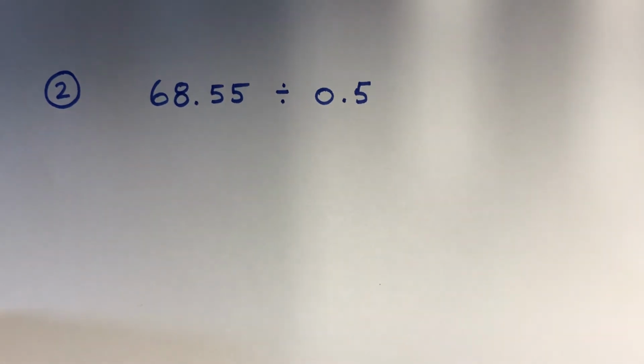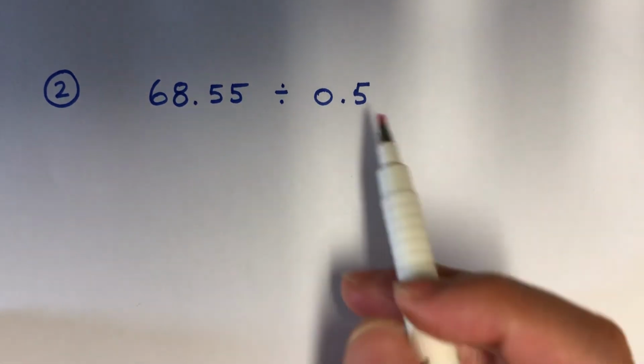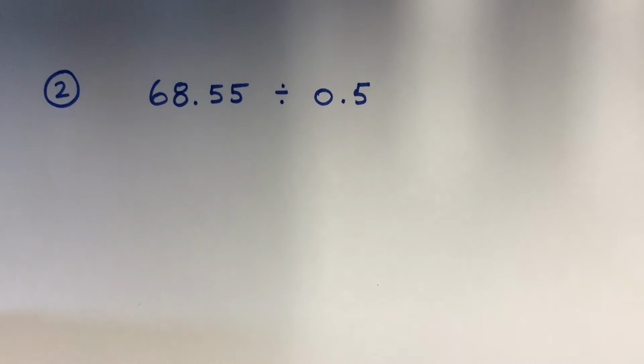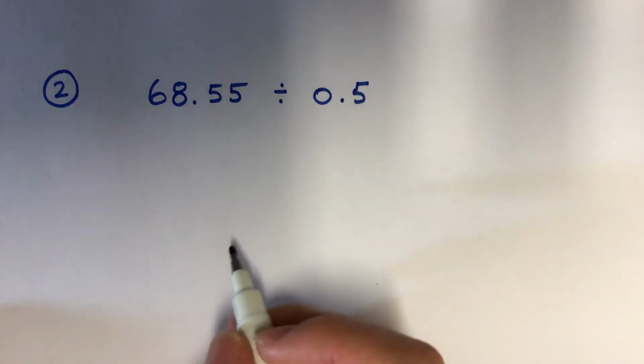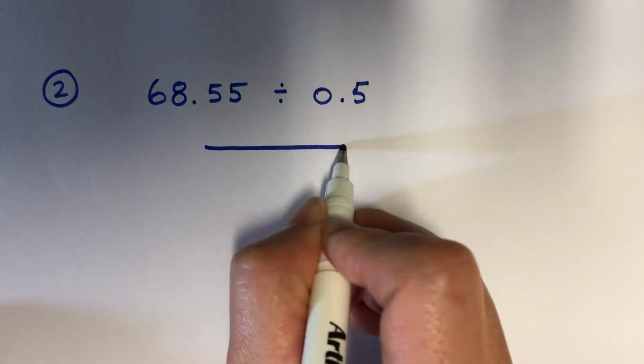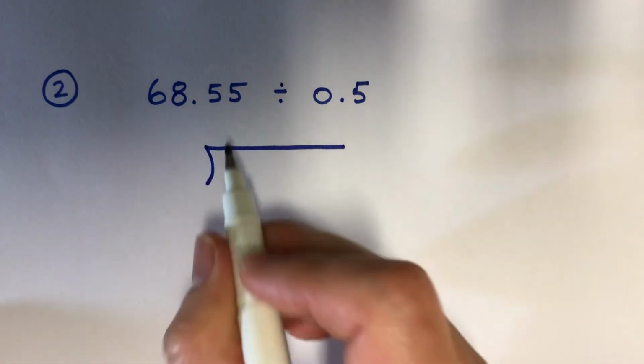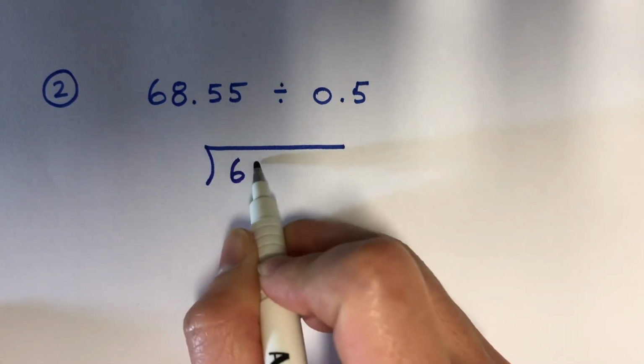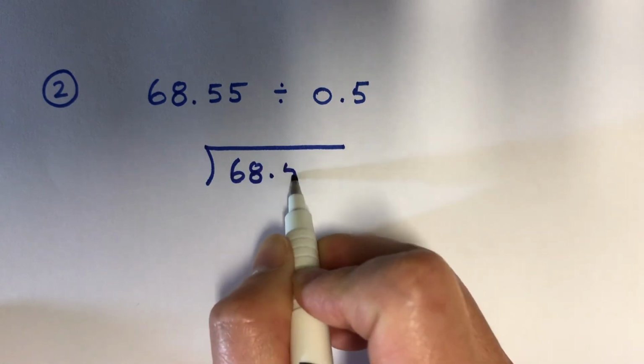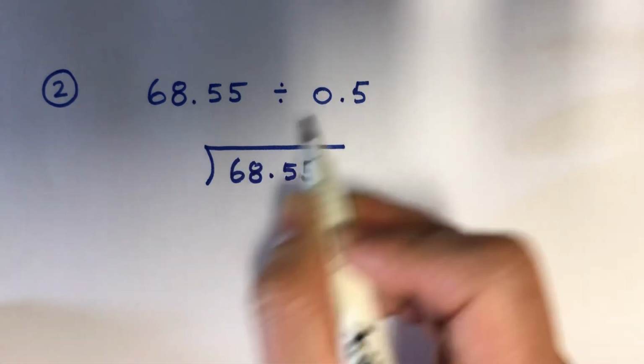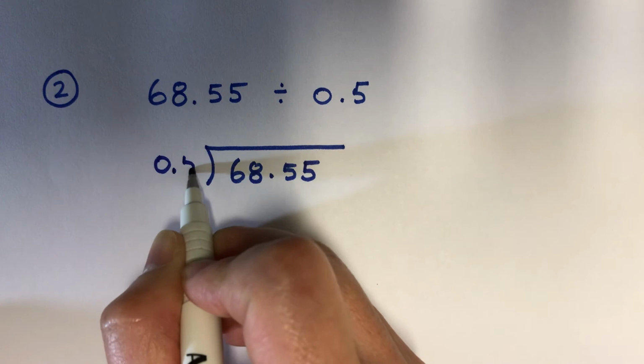Now, what happens if I have something like this? It's very similar to what we've done in the first one, but this time we're dividing by 0.5, not 5, 0.5. So I'll do the same thing. The first number goes inside of this long division symbol there, and then the second number goes outside.